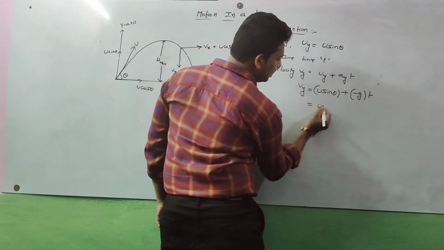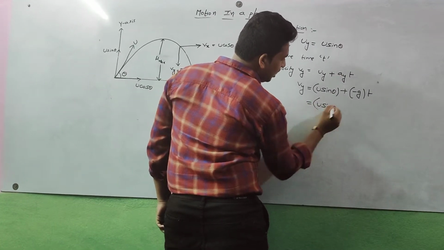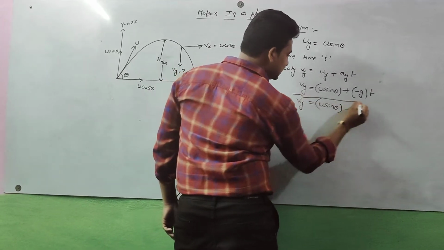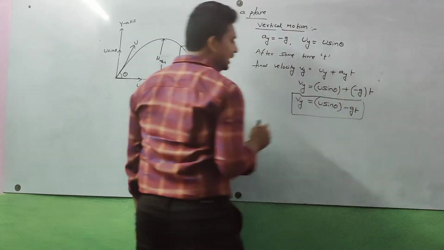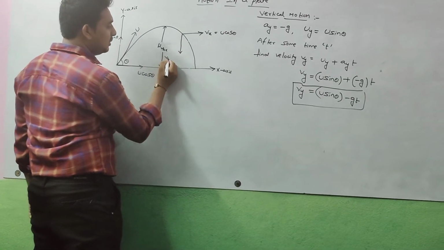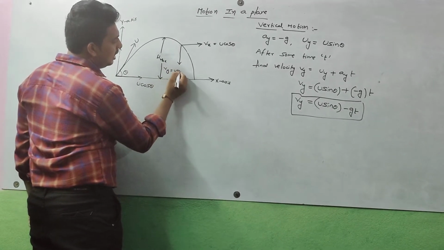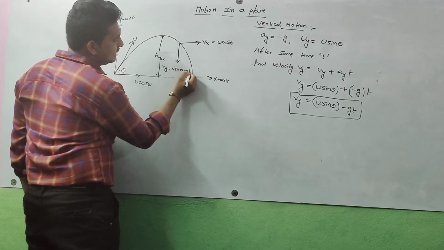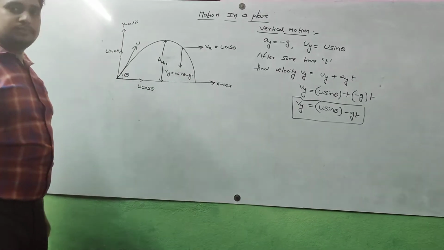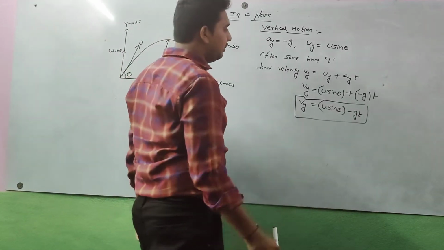So that means we got u sin theta minus gt. So the final velocity after some time is u sin theta minus gt. So this is the Vy value.